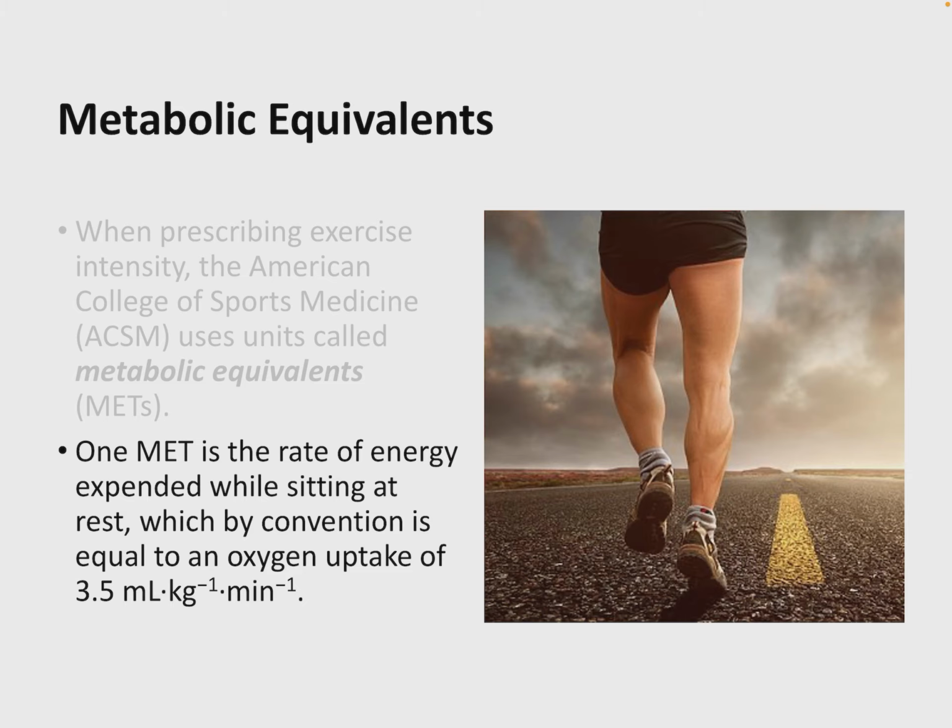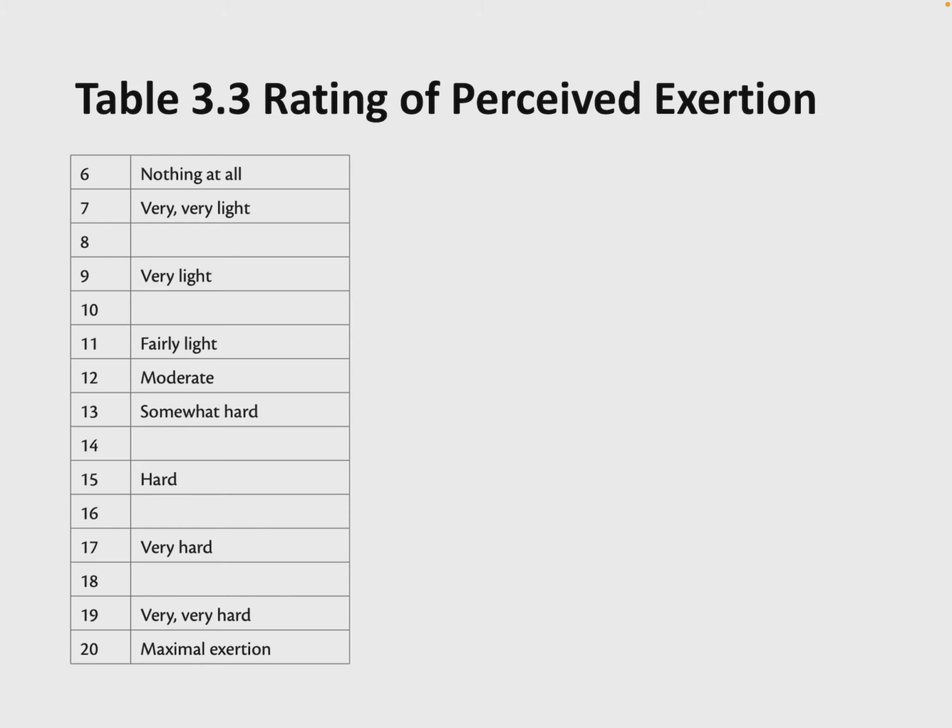A more common subjective measurement method is RPE, or the rating of perceived exertion. Our problem with age predicted heart rate ranges, again, is that there are many different formulas and they all provide slightly different results, and they each have their own standard error of estimate.